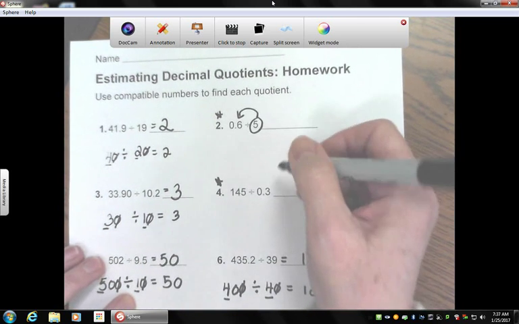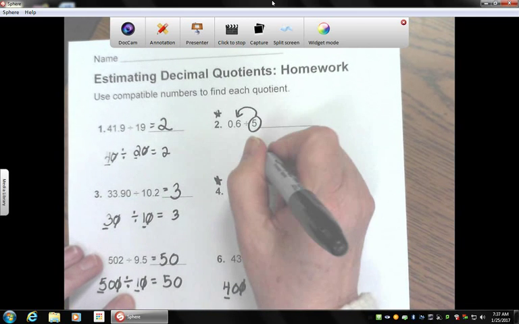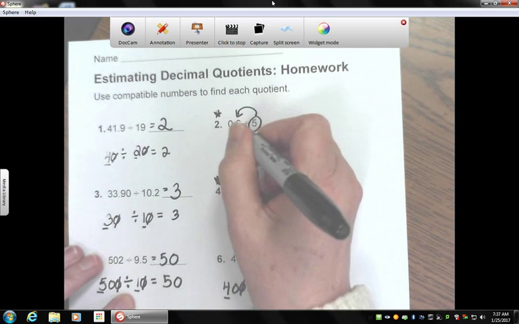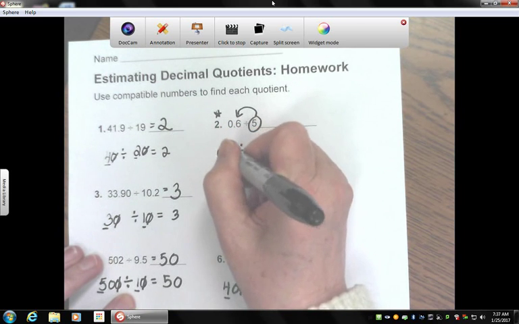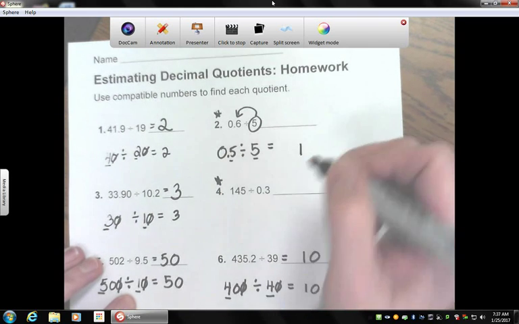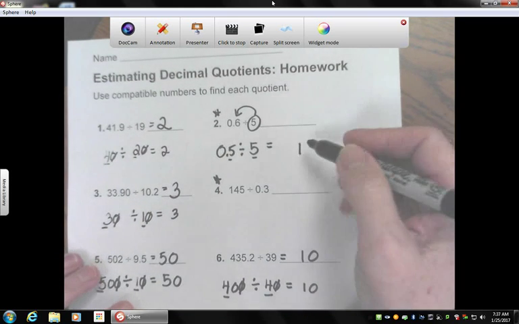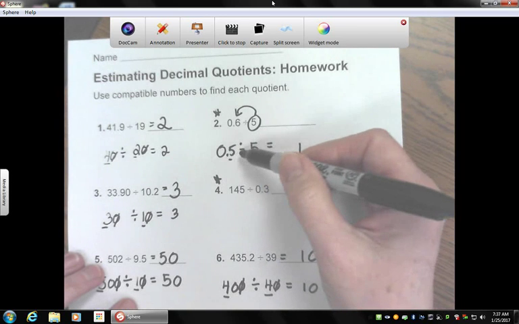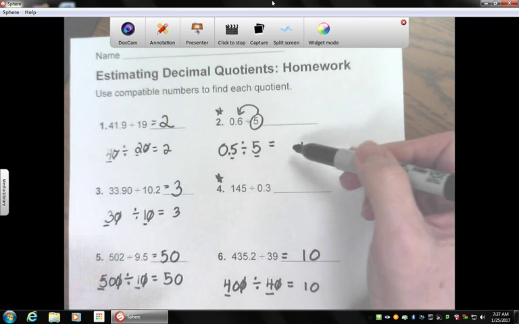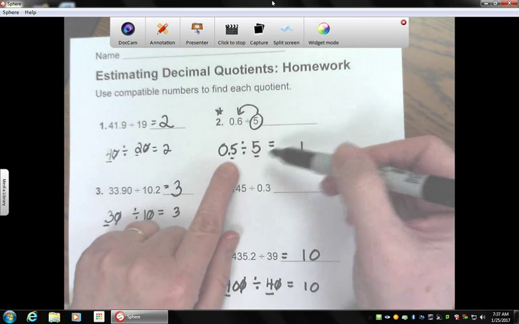So as I go to do my estimate, 5 is a compatible number, easy to work with. I'm going to round 6/10 down to 5/10. I know that 5 divided by 5 is 1. But to me, it doesn't make sense to say that 5/10 divided by 5, that I can make one whole group, because I'm not starting with one whole, I'm starting with a half.